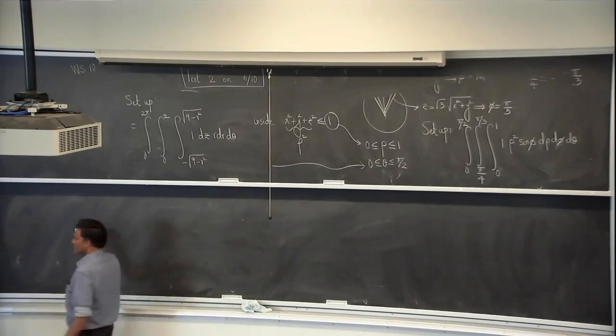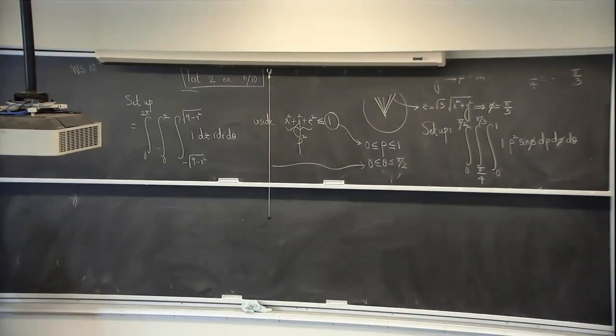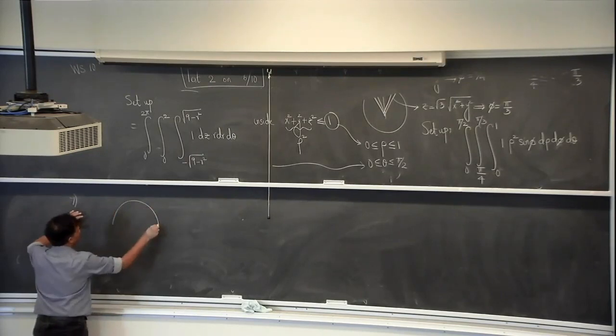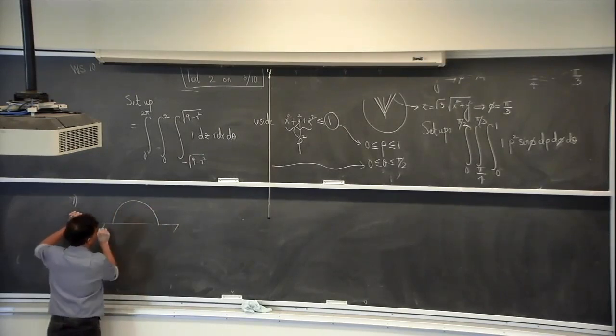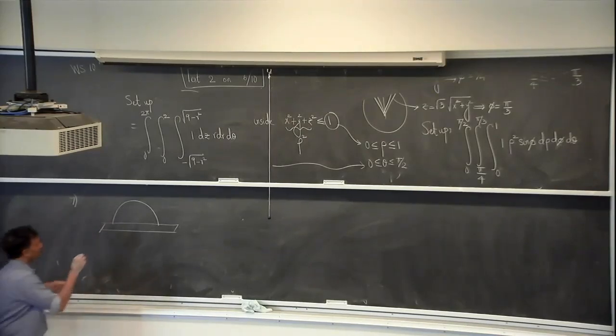So number 7. The problem is this: there is a sphere and there is a plane. The sphere is kind of cut through with this plane z equal to 1.